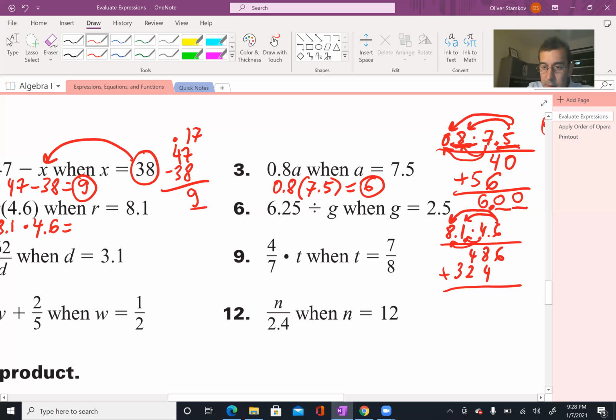All right, so this is 6, 8 plus 4 is 12, 2 and 1, 4 plus 2 is 6, and the 1, 7, and this is 3, and there's 1 and 1, 2 decimal places, so this is 37.26, so 37.26, that's the solution for number 5.